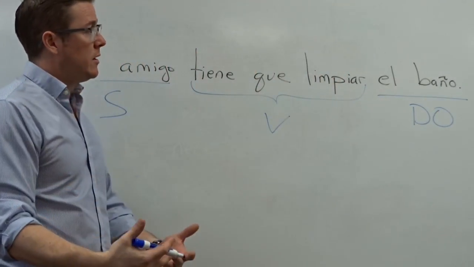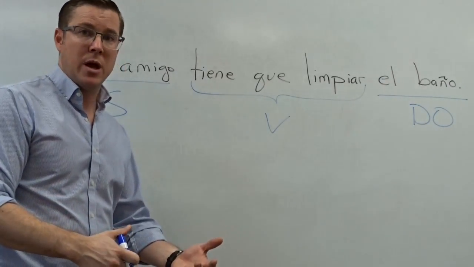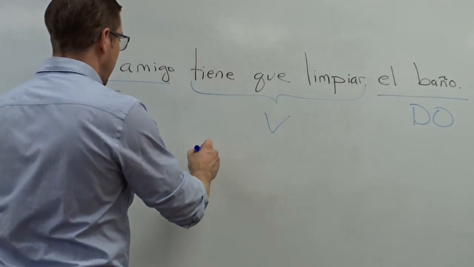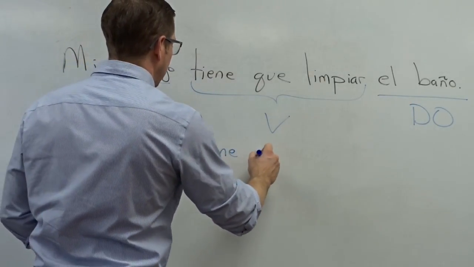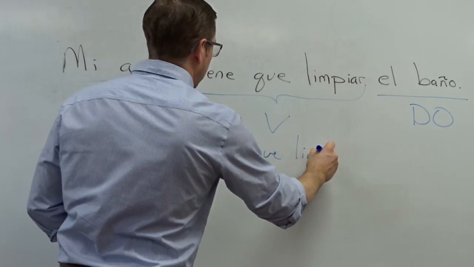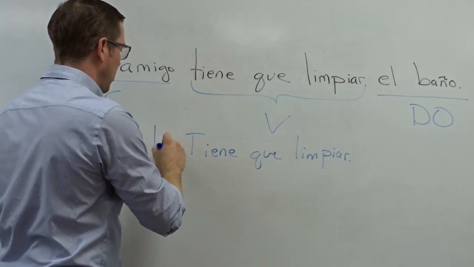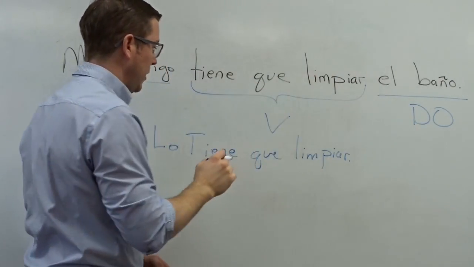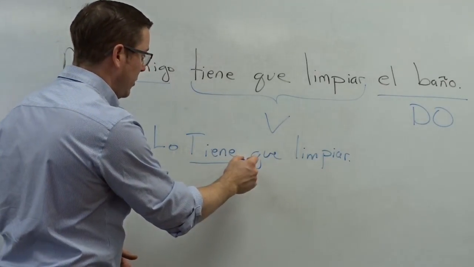I want to rewrite this sentence replacing el baño with the object pronoun. So again, I have two options. I can say lo tiene que limpiar. Lo takes the place of el baño, and I put it before my conjugated verb.